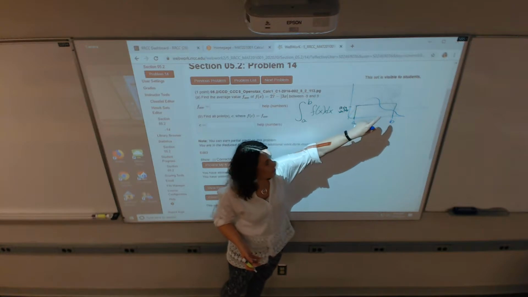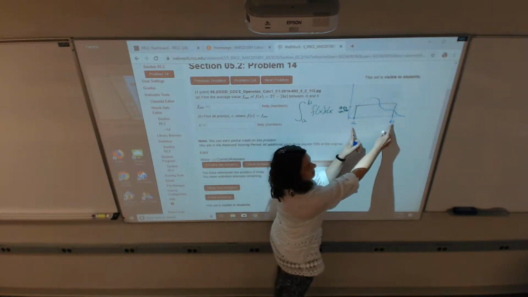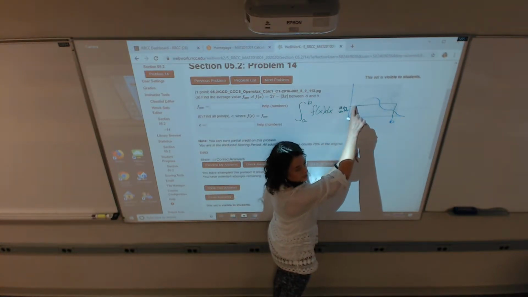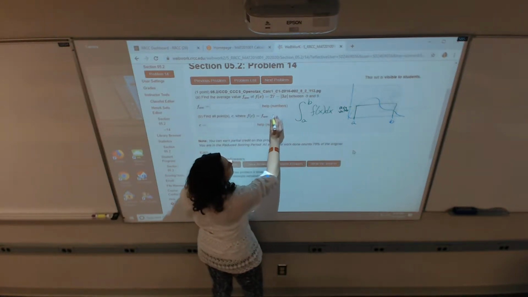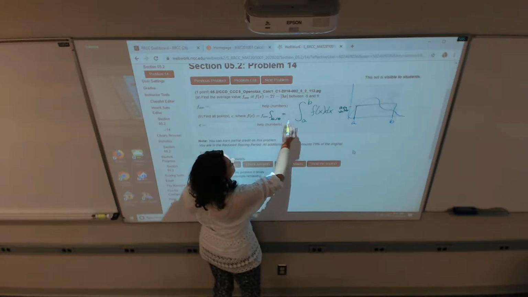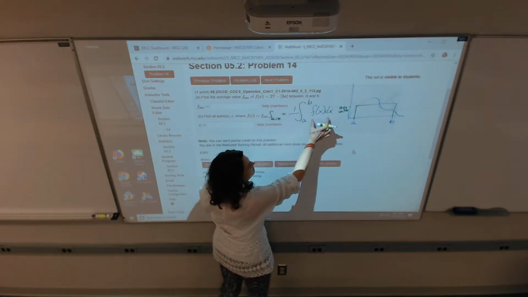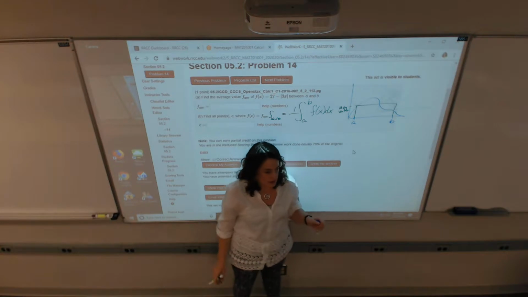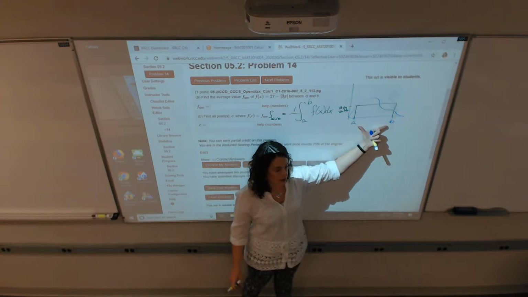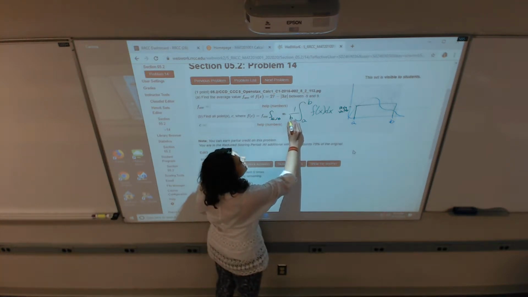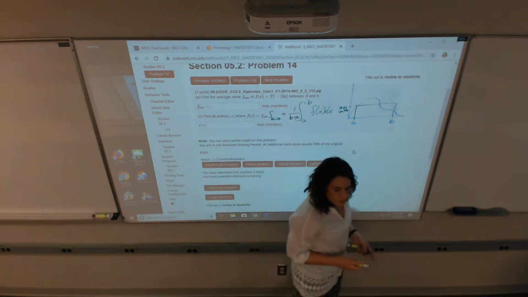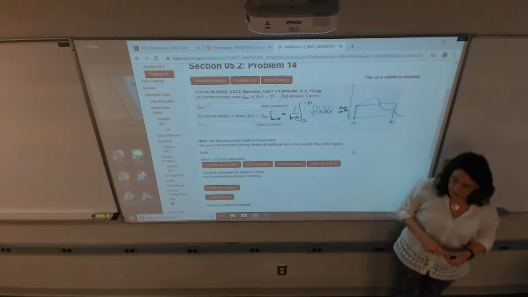The area of a rectangle is length times width, or height. If I'm trying to find the height, f average, what would I need to divide this by? Area divided by b minus a. That is the distance.